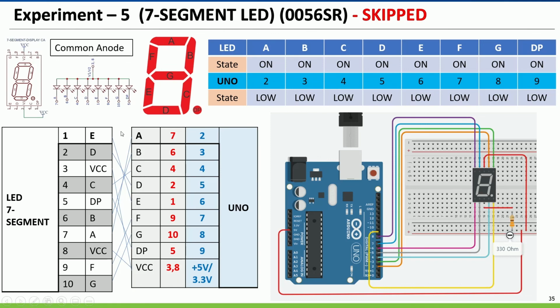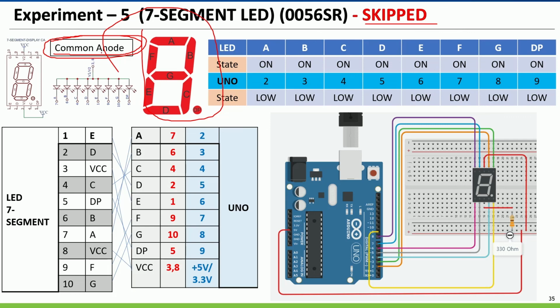And also the 7 segment LED, I also skip this one. We don't have this function, but if you want to learn, there are two types of LED segment. In this case, using common anode, not common cathode.